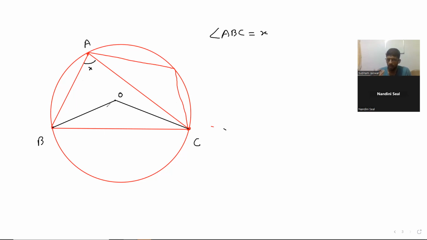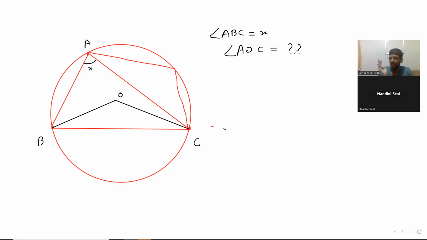We are proving a theorem, so it's okay if it's a little hard. This point O, we want to understand this angle. It looks like double, right?